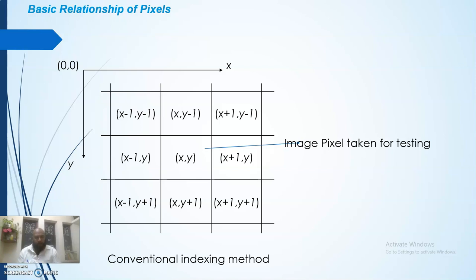To analyze the pixel, here we are taking the conventional indexing method. Here we are taking a test image pixel, that is x comma y, and naming the nearest neighbors corresponding to that, that is x minus 1, y minus 1, like that we are giving names associated with this, that is spatial location names.